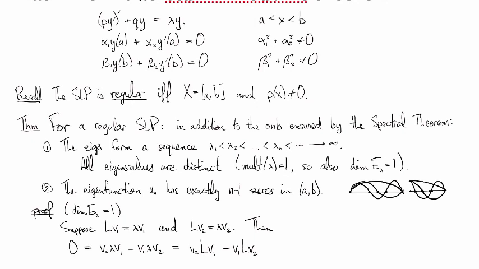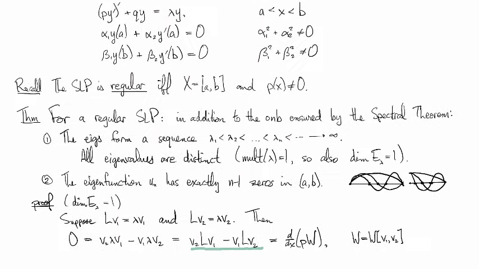If you remember having seen this expression before, I showed it to you in a corollary where I called it Lagrange's identity. Lagrange's identity tells you that this is the derivative of p times the Wronskian, and here this is the Wronskian of V1 and V2, the 2 by 2 determinant with those entries.